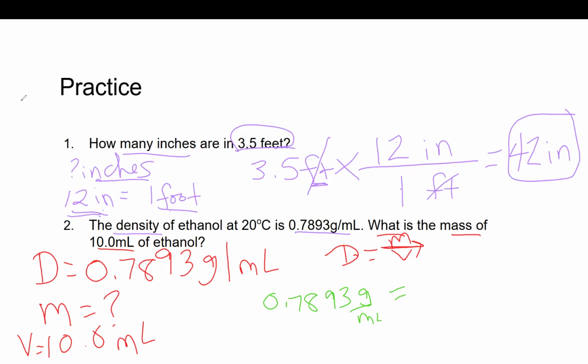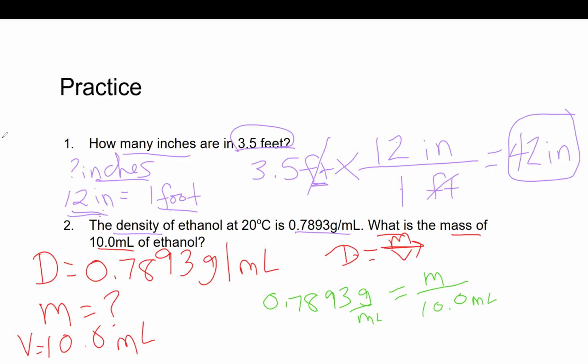And that's equal to our mass, which we don't know, all over our volume, which is 10.0 milliliters. Now we need to solve for our mass right here. So what do we do? Well, we need to get our milliliters off the bottom.